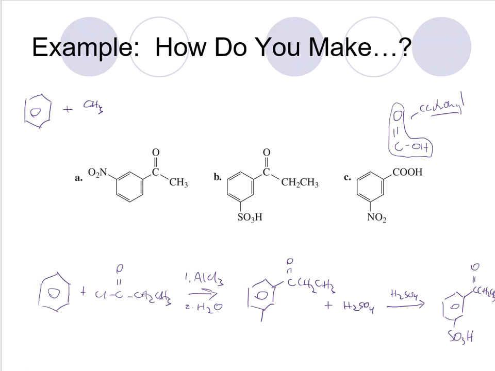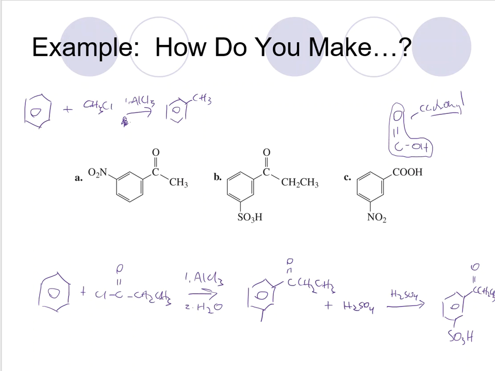So I can bring in a CH3 group with a Cl, and I can do that traditional AlCl3, and not add water here because I'm not really acylating. What that will do is take my benzene and place a methyl group onto that benzene ring. It gives me toluene basically.